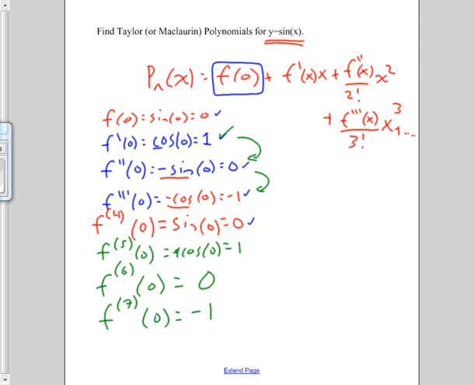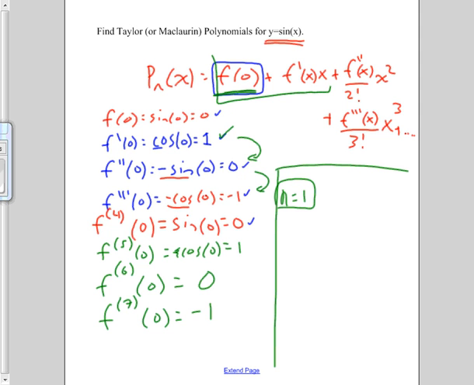So let's start at n equals 1. For n equals 1, we're looking at this chunk, and so p1 would be 0, because f of 0 is 0, plus f prime of 0 times x.